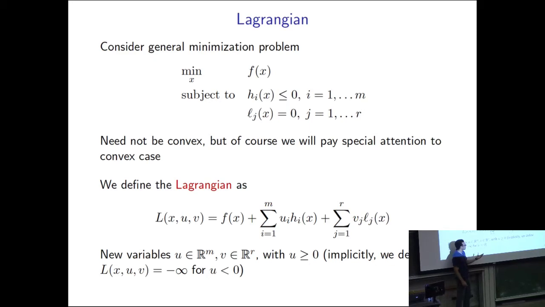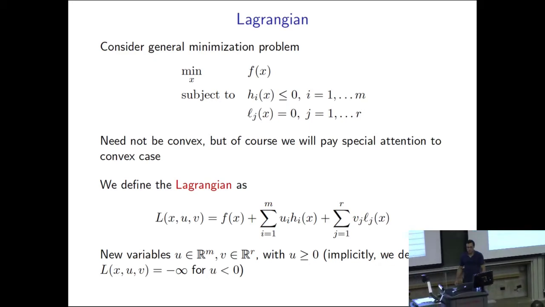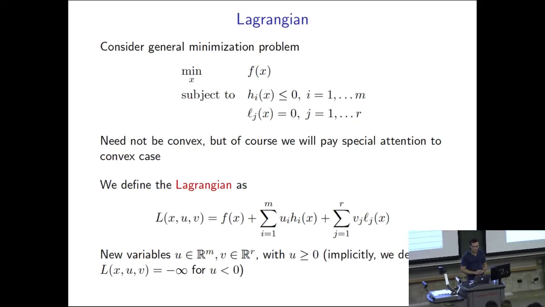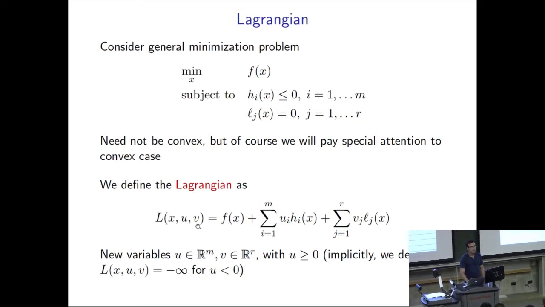And one way we can formalize that is by saying that the Lagrangian has domain over these variables u and v, which is all v, but only u that are bigger than or equal to 0. Or equivalently, we can set it equal to minus infinity if u is less than 0. This should really say in any component, right? If any component of u is less than 0.